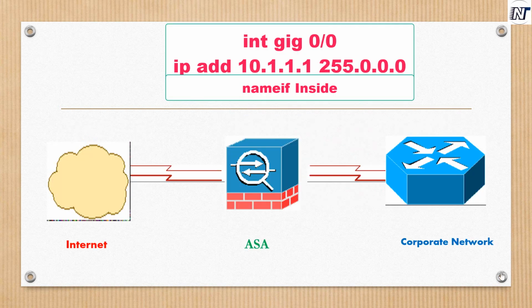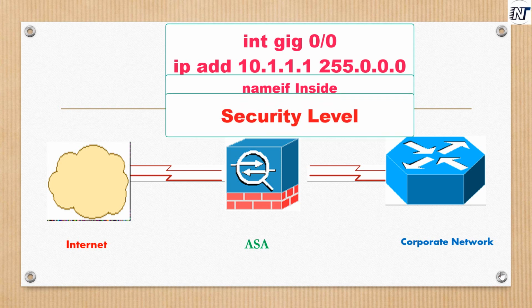The other one, which is even more important, is also known as the security level. Security level determines how secure the traffic on a particular interface is. It is something like trusted and untrusted traffic. The most trusted traffic is the traffic coming from the interface with the security level of 100, which is the highest security level.